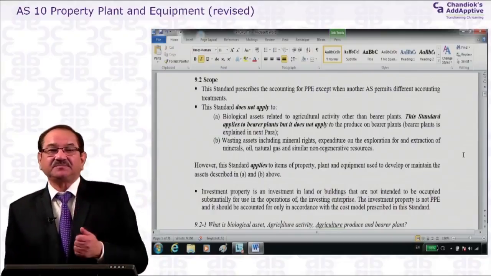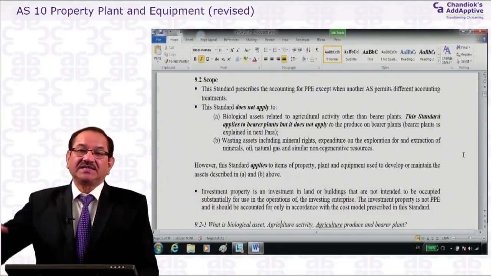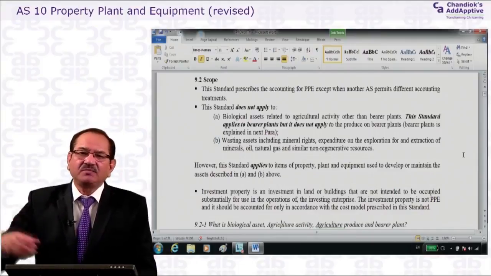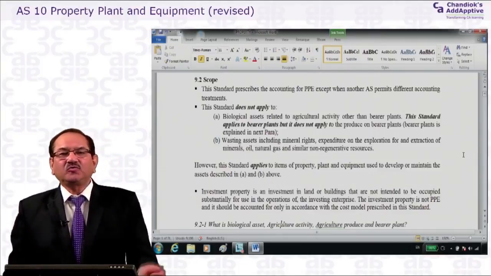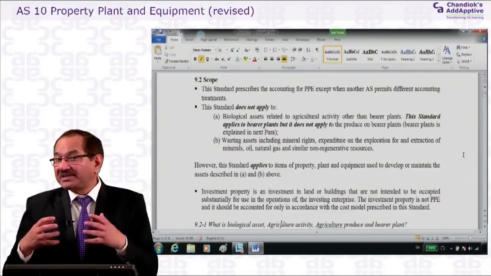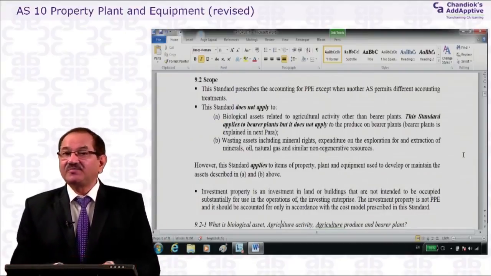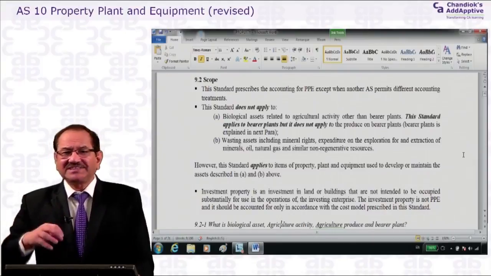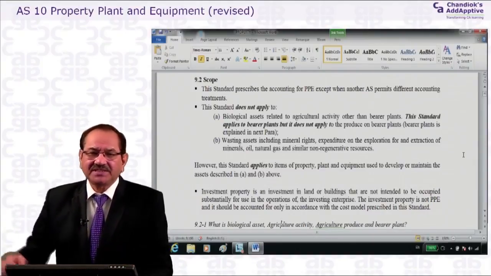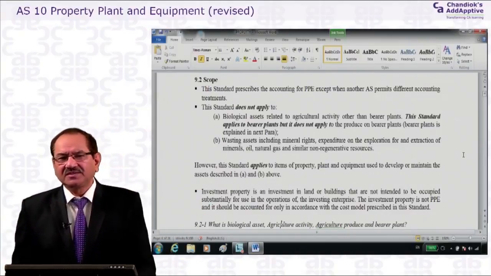You purchase a certain land, and there is a coal mine beneath that land, and you purchased that land. You have not purchased that land for constructing a building there. You have not purchased that land for agricultural activity. You have purchased that land because you want to extract the coal beneath it and then sell it, and after that you will abandon the land.